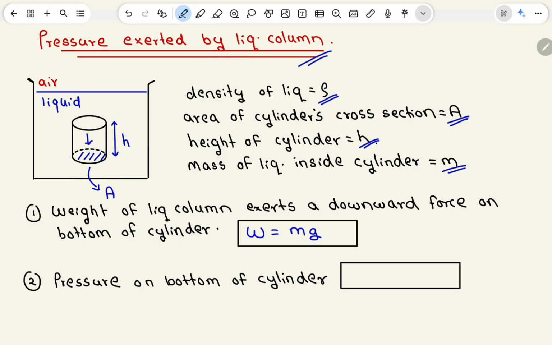So the force of weight, which is mg, is perpendicular to the base area, and therefore the pressure on the bottom surface of the cylinder can be written as P is equal to weight upon area, which is nothing but mg upon area. Now let's simplify this mg upon area and try to get the formula for pressure exerted by the liquid column.